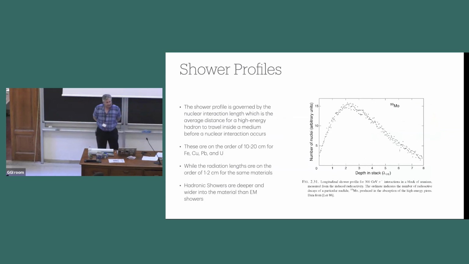The other thing that we see is that nuclear showers are governed by the nuclear interaction length, which is the average distance for a high energy hadron to travel, and these are on the order of 10 to 20 centimeters for heavy materials. If you compare that to the radiation lengths for electromagnetic showers, which are, if you recall, on the order of 1 to 2 centimeters, that means in general that the hadronic shower is going to be deeper.